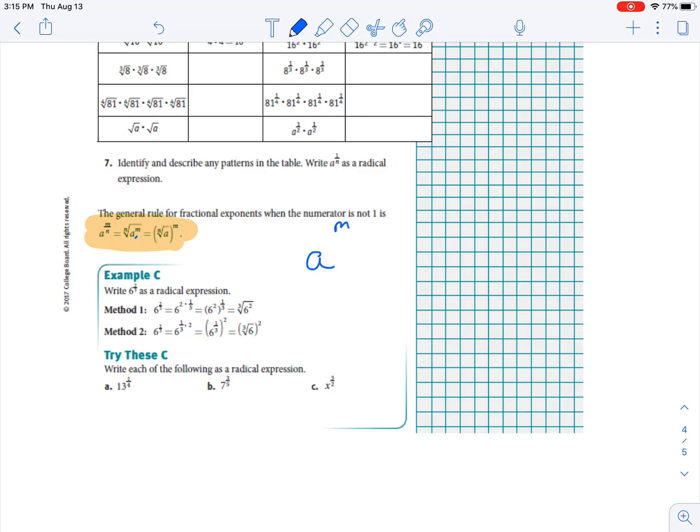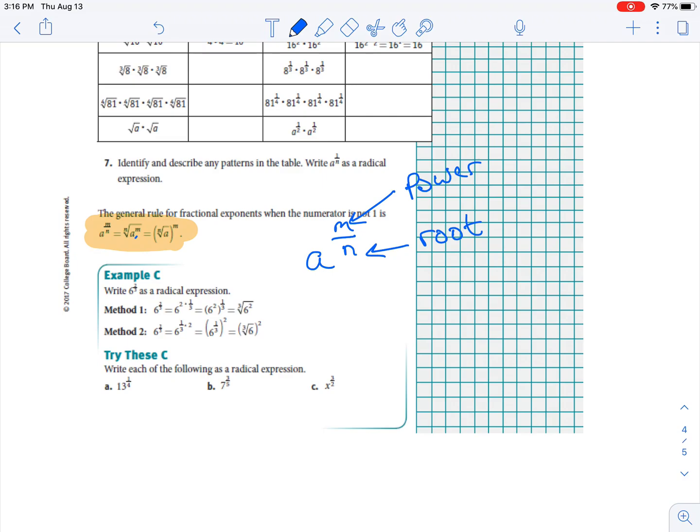So when you have a to any power that's a fraction, m over n, the m is going to represent your power. That's like your exponent. And n is going to represent your root, like your radical. And so that's going to help us to rewrite these expressions so that we might be able to simplify them if we use that formula for power over root. Some of them we just are going to rewrite.